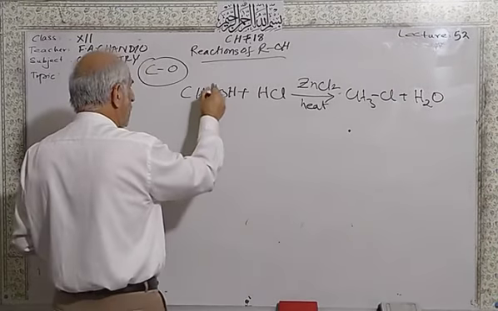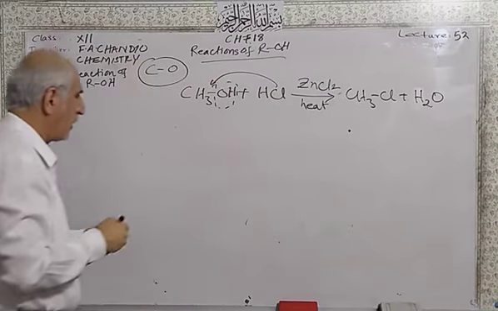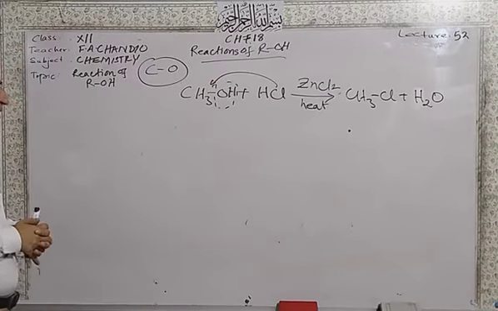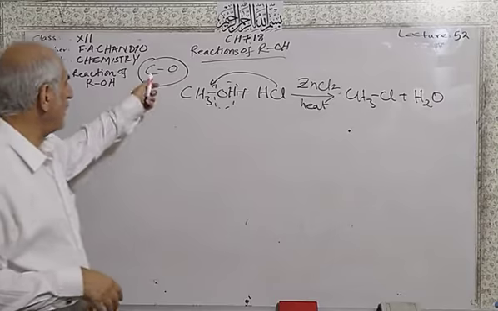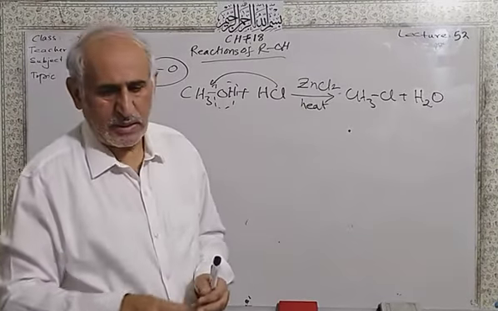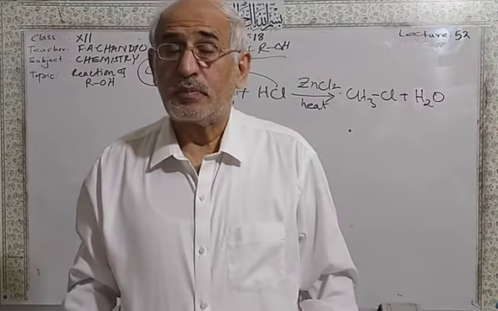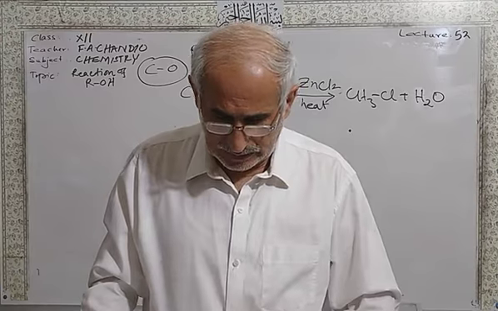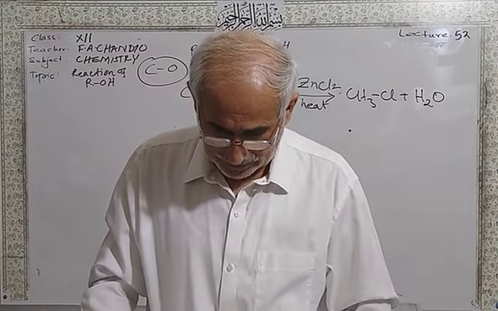So this bond is going to be broken down and the hydrogen is going to be attached here. In this reaction you are seeing that the OH group is going to be removed from the alkyl. So this is the cleavage of the carbon-oxygen bond, and in this case you use a nucleophile as a reagent. A nucleophile is going to be used as a reagent here.